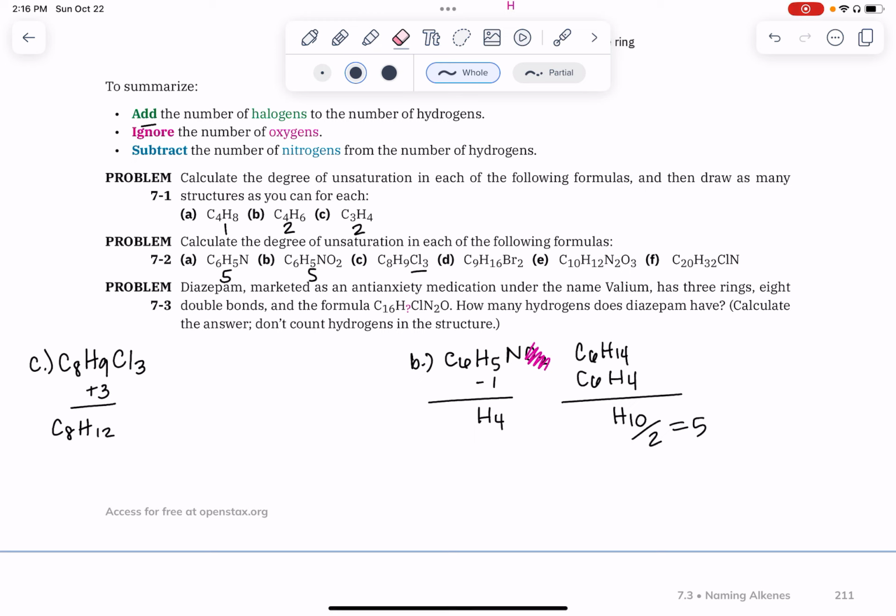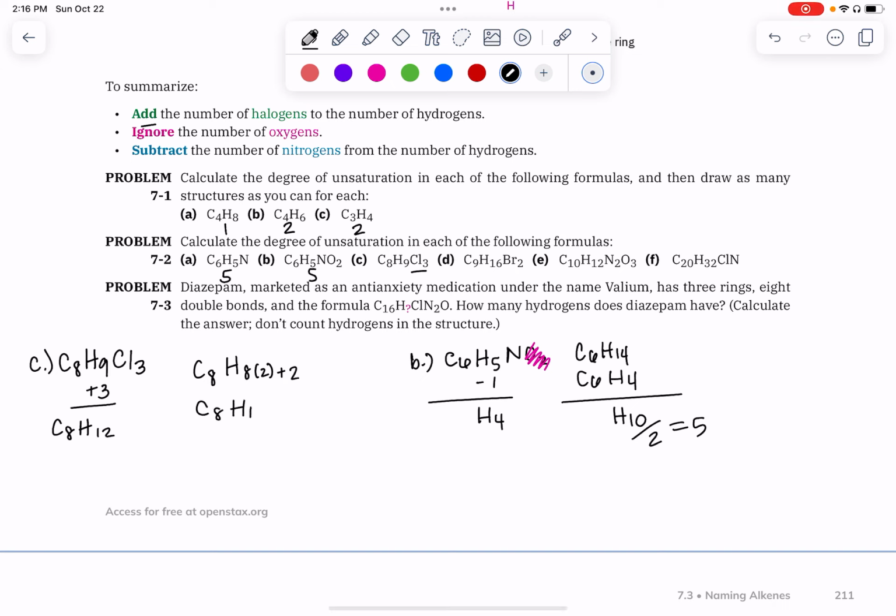We've added it to the hydrogen. And now we're going to look at our saturated, which is going to be C8H8 times 2 plus 2. That's 16 plus 2, that's 18. We'll subtract our H12 from it, giving us 6. H6 divided by 2 gives us 3 degrees of unsaturation. So that's 3.